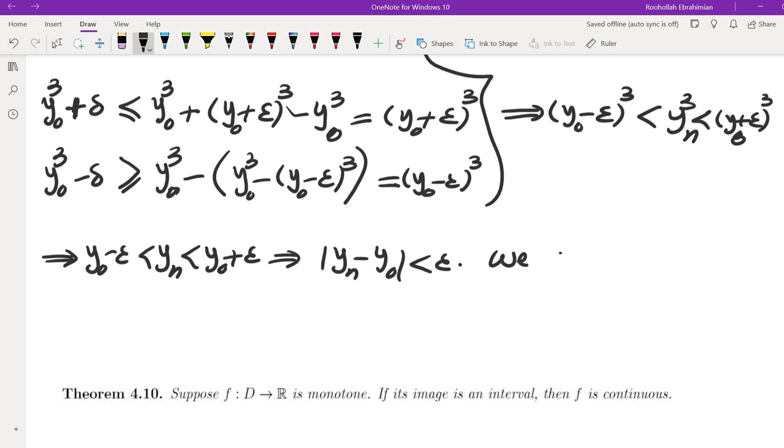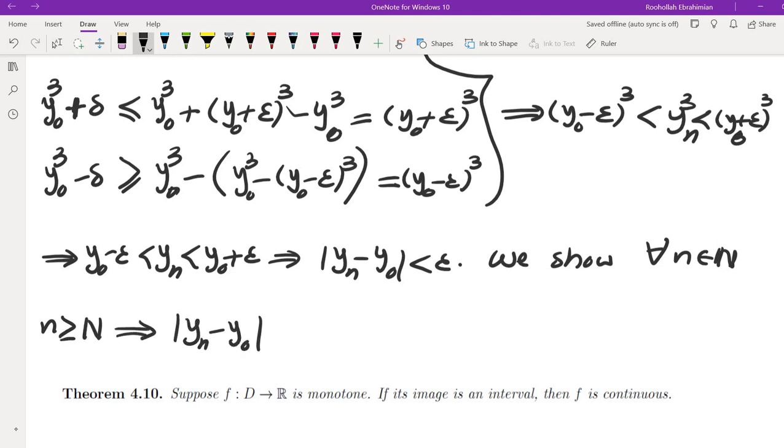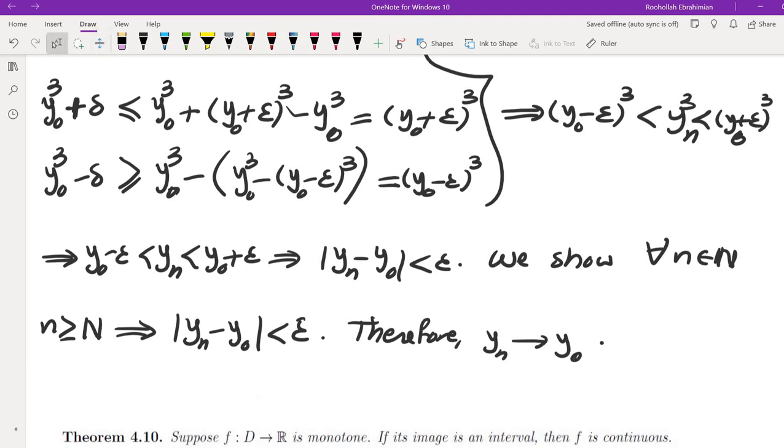So we showed for every n in N, if n is greater than or equal to N, then |yn - y0| is less than epsilon, and therefore yn approaches y0. And this is exactly what we wanted to show. So thus f inverse is continuous.